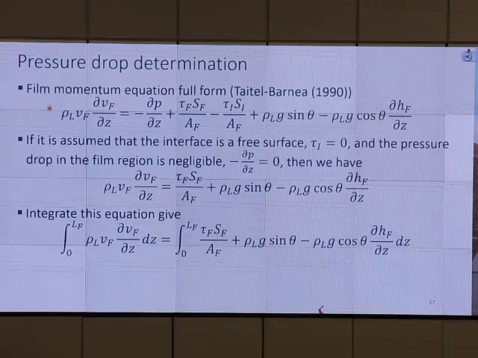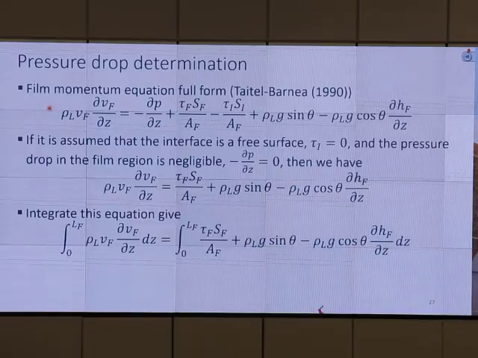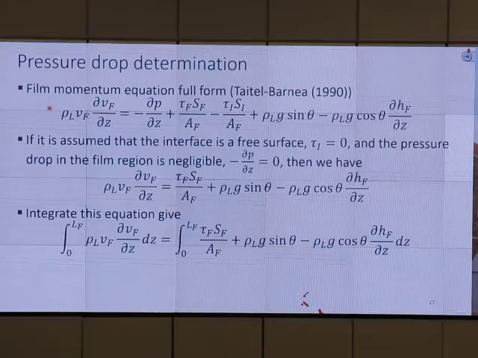When is it valid to assume a free surface? What's a free surface? Tau I equal to 0. And what is it physically? Stratified smooth. If we have stratified smooth flow in the film zone of the slug, then that is valid.